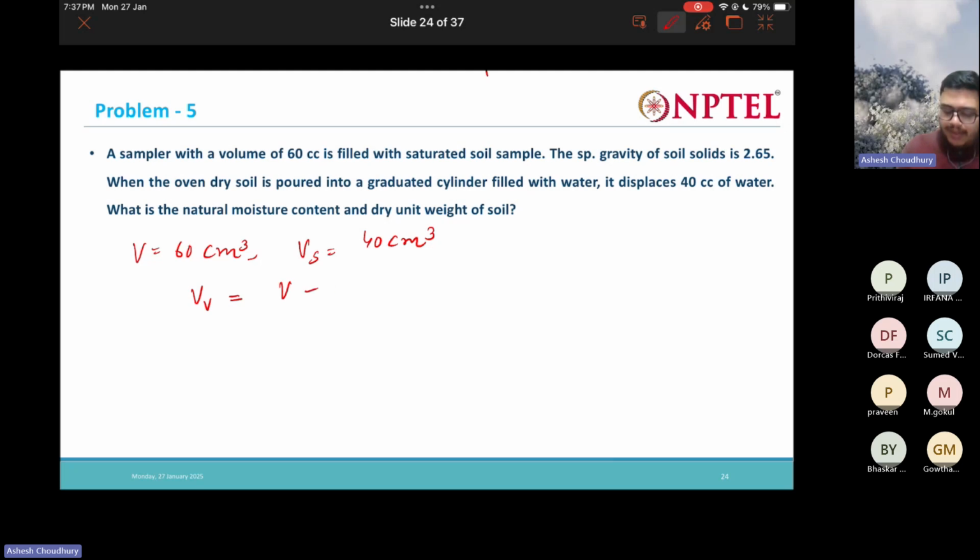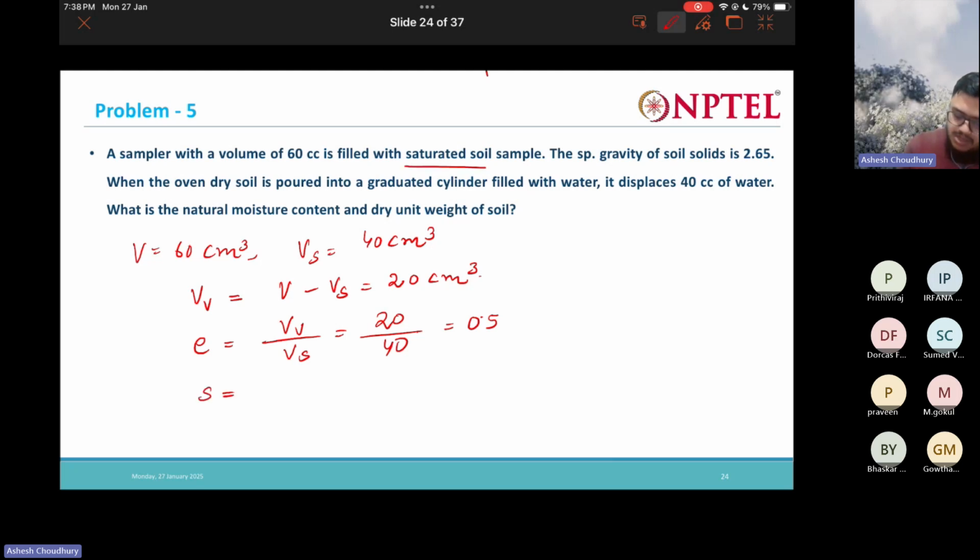Total volume minus volume of solids, that is 20 centimeter cube. Now what is the void ratio? The void ratio is volume of voids by volume of solids, that is 20 by 40, 0.5.